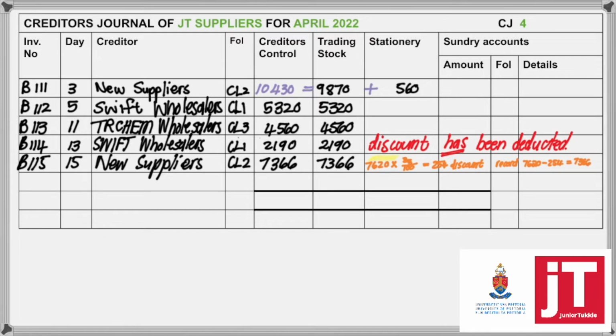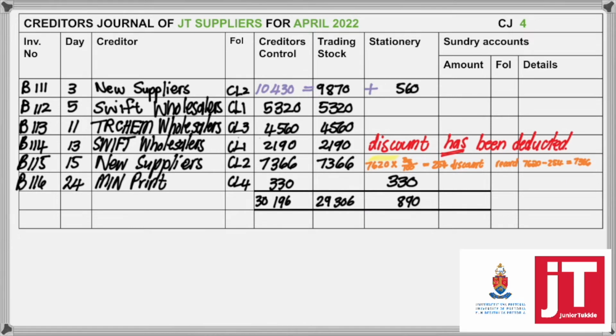And then on day 17, on day 24, we bought stationery from Minute Print. And then your creditors journal is done. And all that is left over is to total your columns. You will total your columns down and put the total at the bottom. You'll start at the top, add them all together, put the total in the bottom.